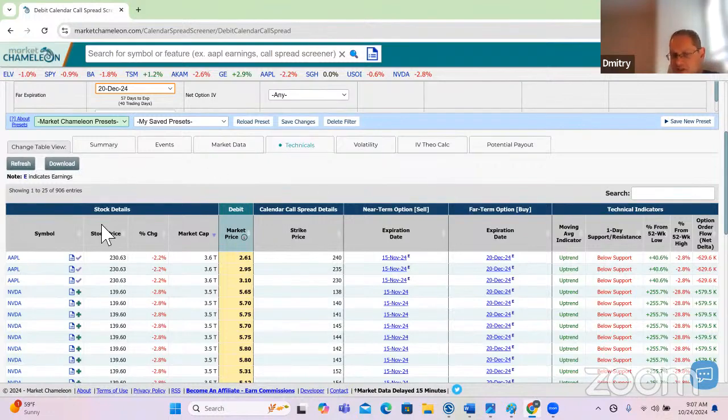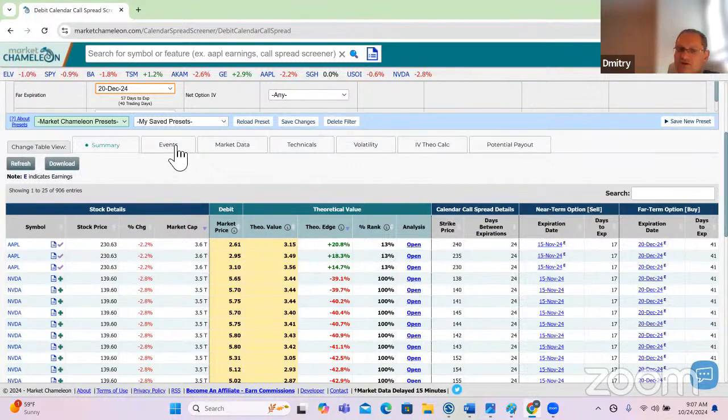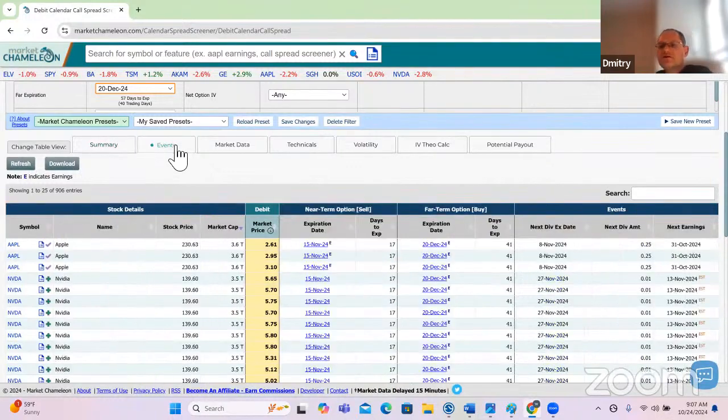We have this summary, and then we have these events. And the events themselves are important because when you trade options, some of those events are important to the pricing of the option or the volatility of the stock.